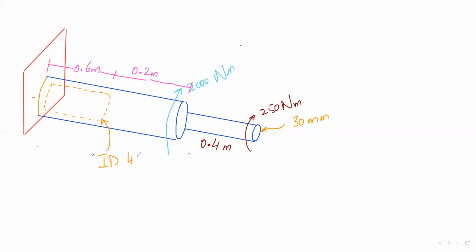So 44 millimeter is inner dia, and the outer dia is, oh come on, what is the outer dia? Outer dia, 60 millimeter is the outer dia.